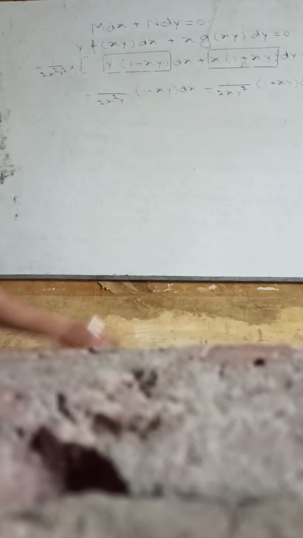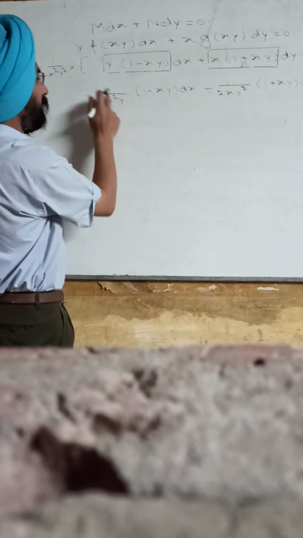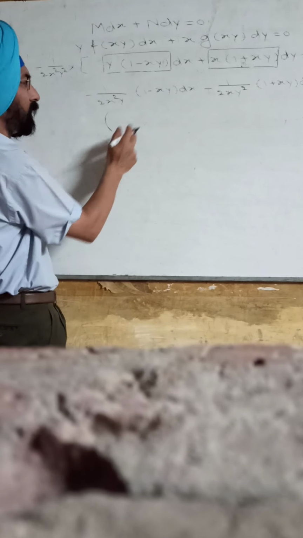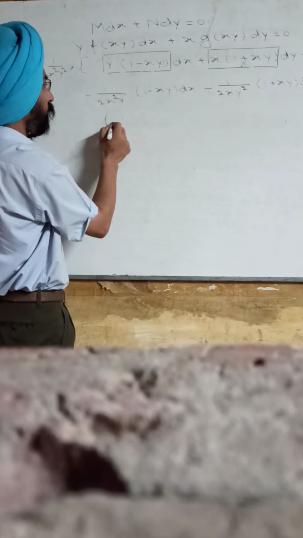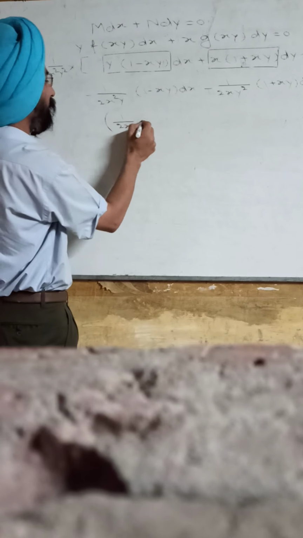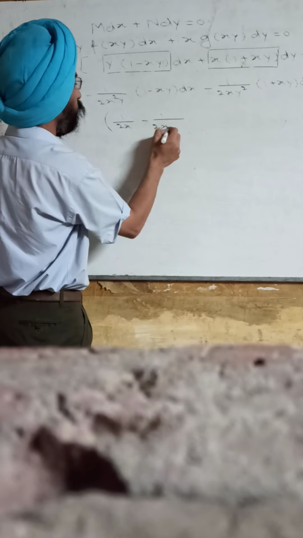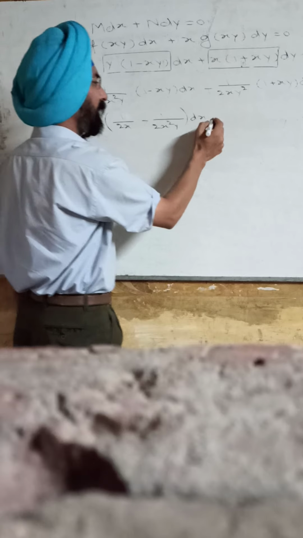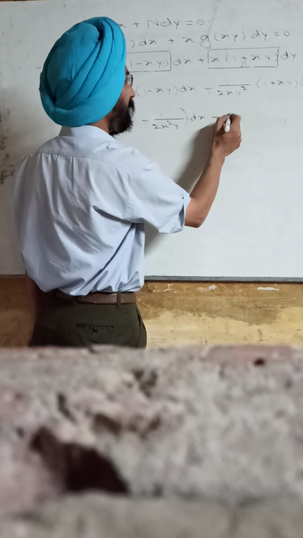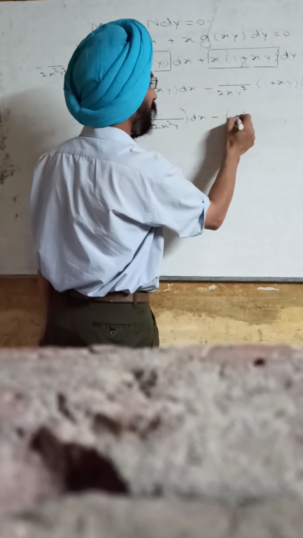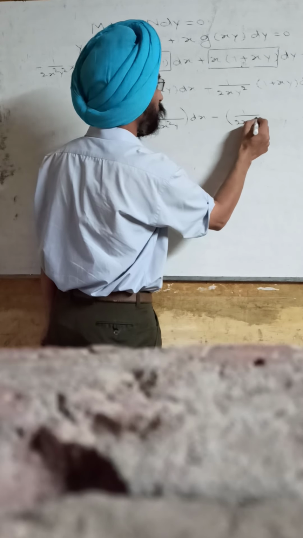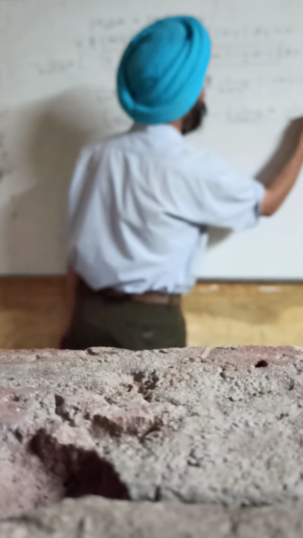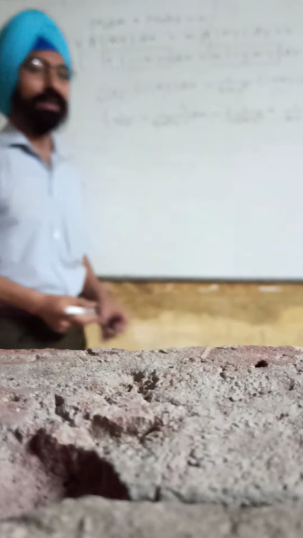Multiplying inside the bracket, the first term, because it is minus also here, the second term will become positive. You will get 1 upon 2x minus 1 upon 2x square y dx, and here you will get minus, multiplying inside, 1 upon 2xy square plus 1 upon 2y dy is equal to 0.